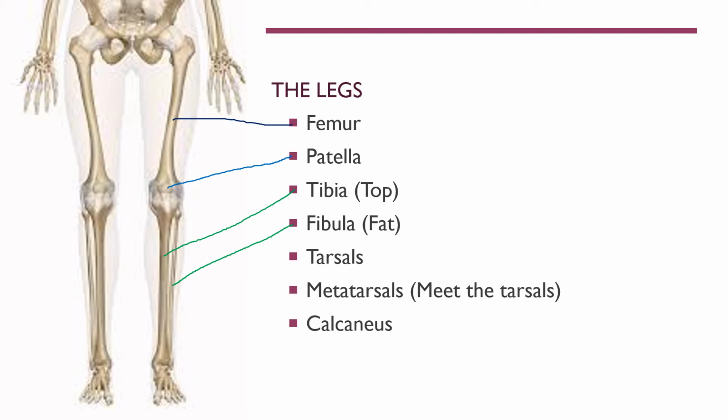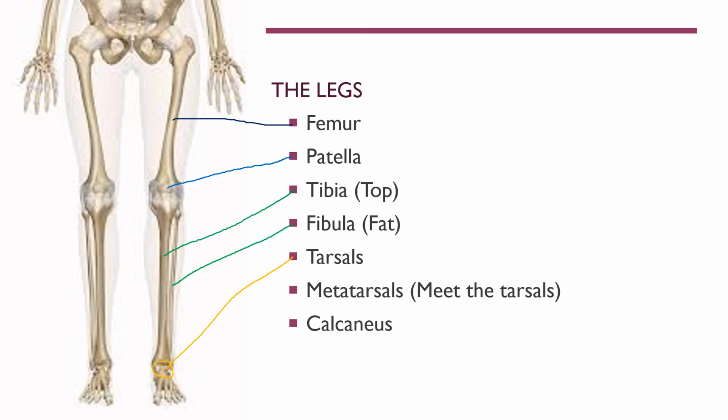So now let's get down and take a look at these bones in the bottom of the legs. First, we have the tarsals. The tarsals are your ankle bones. You might remember this is similar to the bones that we had in the wrist, which were the carpals.